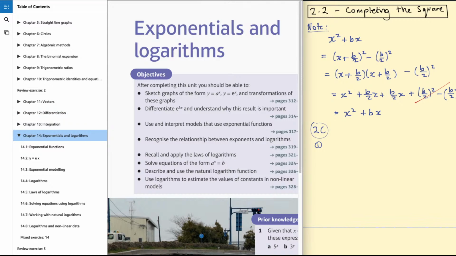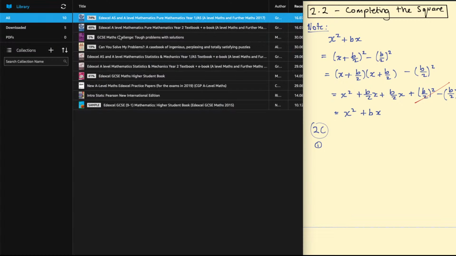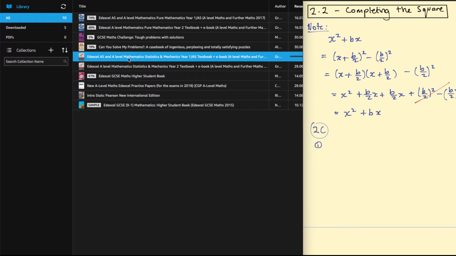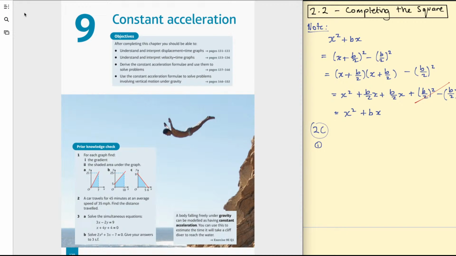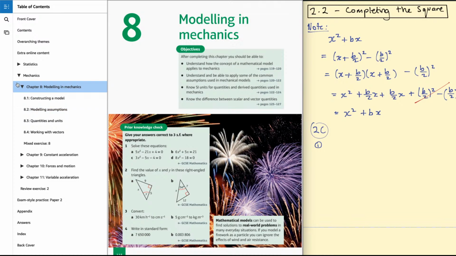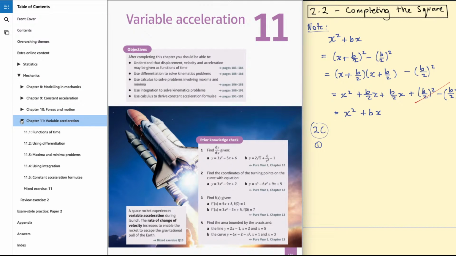Mechanics, let's see. Where were we? So you said the last topic you did was kinematics.